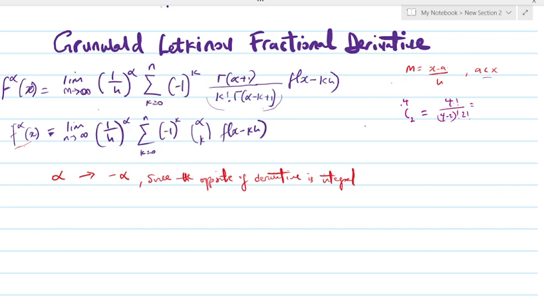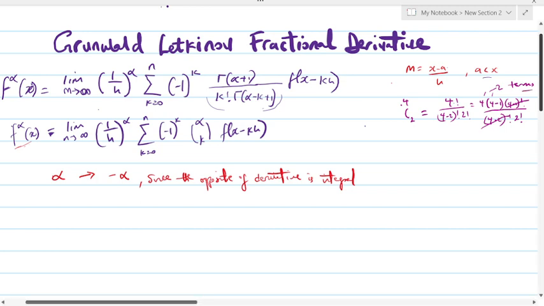By the time we expand, we have 4 into bracket 4 minus 1 into bracket 4 minus 2 factorial over 4 minus 2 factorial and then 2 factorial. So this will cancel this, whereby the terms we are going to have here will only be 2, that is this and this, which would mean that we are going to have 2 terms in our numerator. So take note of that.